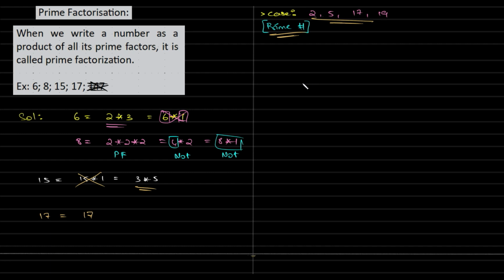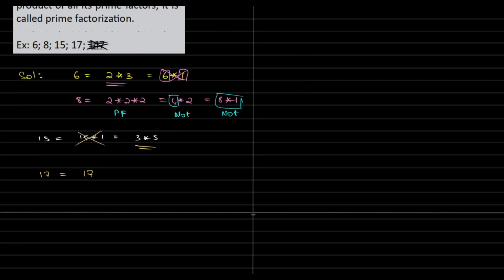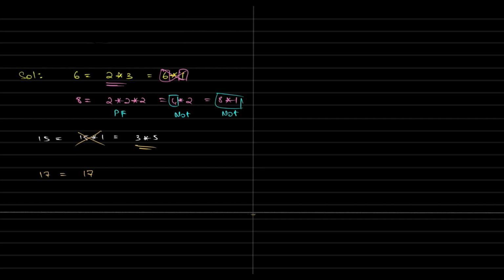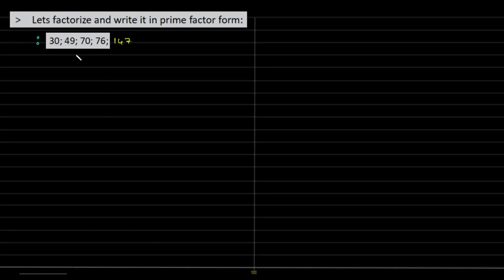So we'll see a few more numbers and try to find their prime factor form. We're going to start off with 30. Let's factorize and write it in its prime factor form.